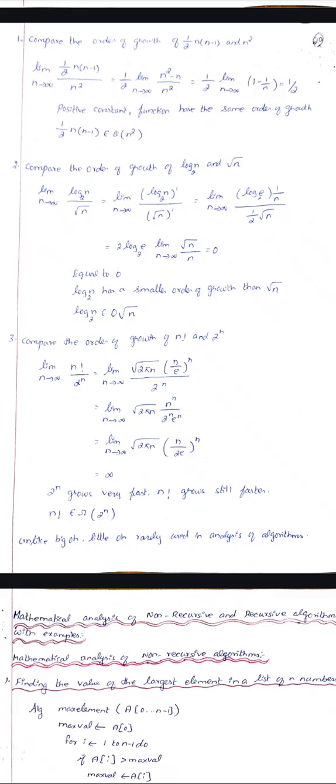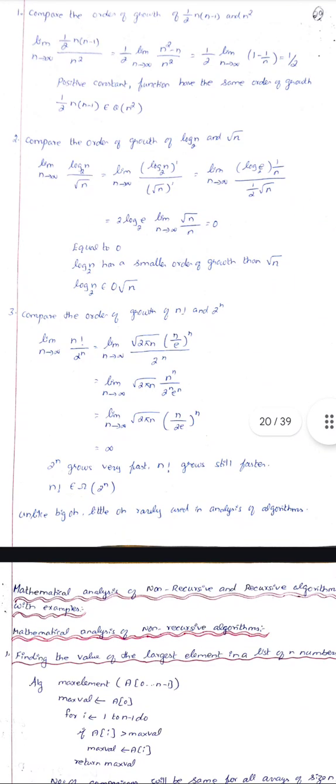Compare the order of growth of n factorial to 2 power n. N factorial is root 2 pi n by e whole power n, and the denominator is 2 power n. The differentiation gives root of 2 pi n by e whole power n over 2 power n, which gives you infinity.